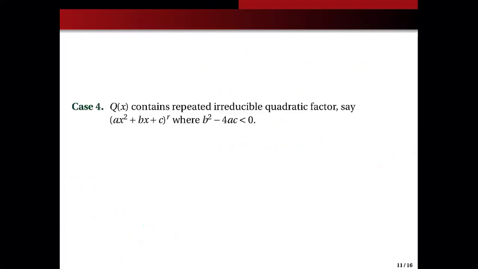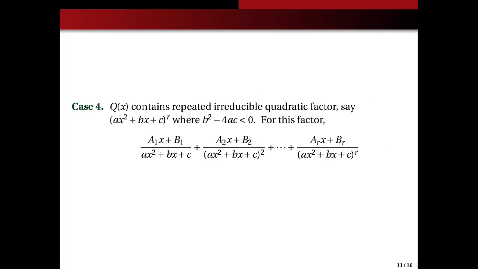For case number 4, what if the quadratic factor is repeating? Same as with case number 2, when you have a linear factor which is repeating. So for this case number 4, you'll do the same thing as in the linear case, case number 2. The numerators, all of them will also be linear.